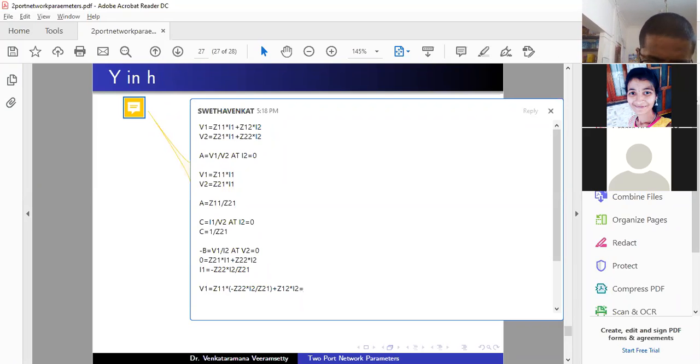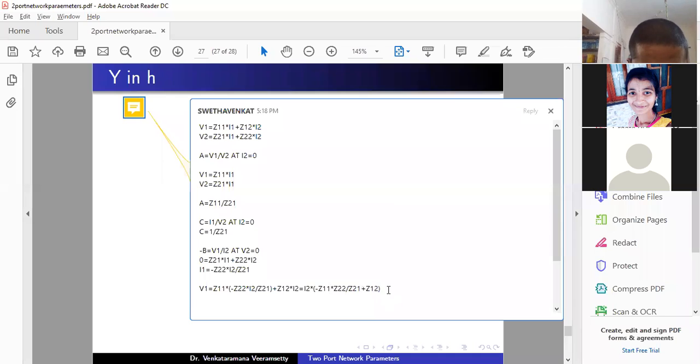If you take I2 common from this equation, we have minus Z11 into Z22 divided by Z21 plus Z12.